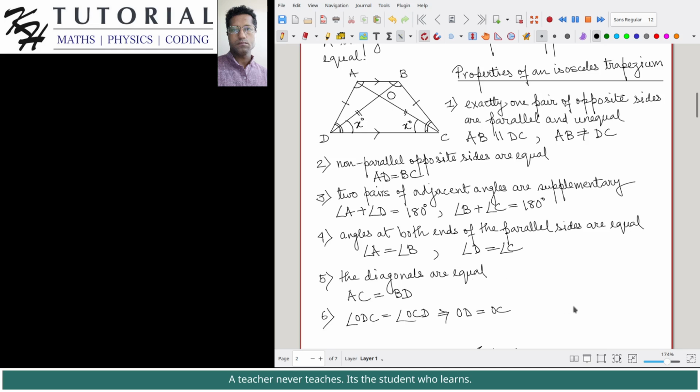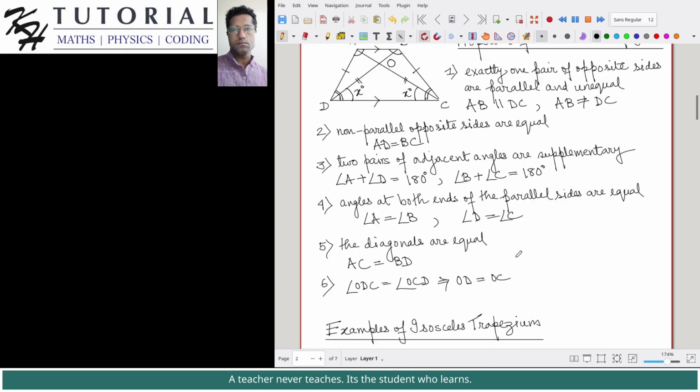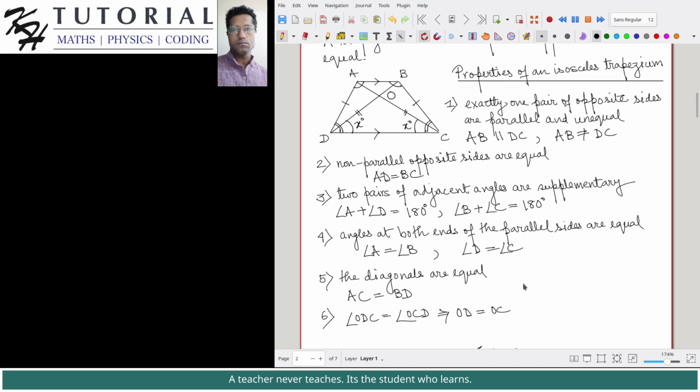Similarly, the same thing will happen for the triangle formed on the other parallel side, AB. Let's say this angle is M and this angle is N. We will have angle OAB equal to angle OBA.